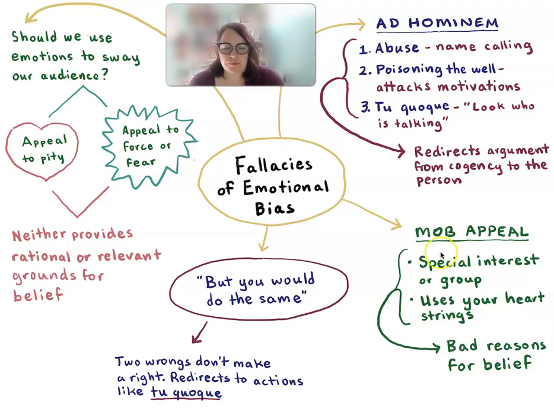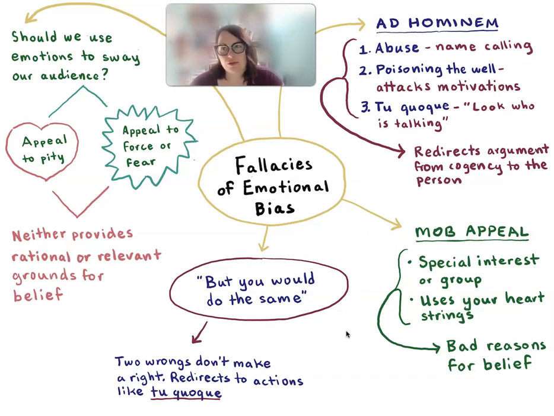I included here two wrongs make a right. So this is saying, if someone is saying you shouldn't do A because, and the person distracts by saying, well, you would do it if you were me. But that's not a reason one way or the other, right?